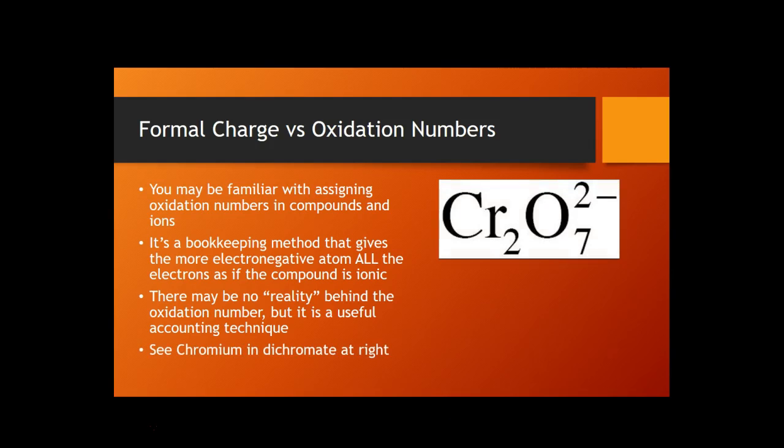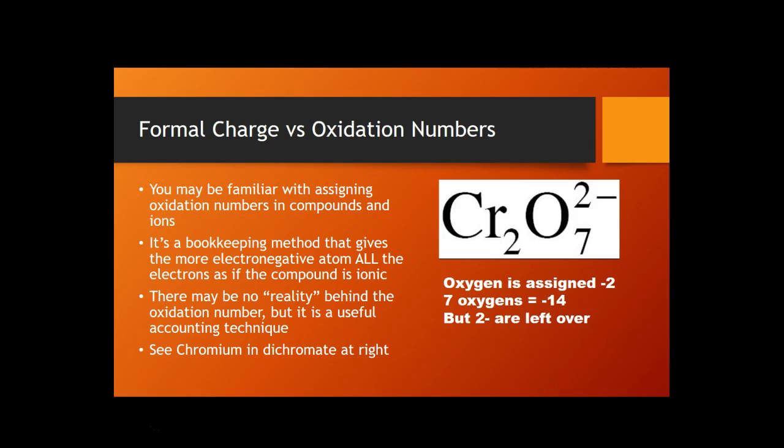So let's look at chromium and the dichromate ion on the right. Oxygen is always assigned a -2 unless it's peroxide, and this is not a peroxide. There are 7 oxygens, so 7 times -2 is -14.